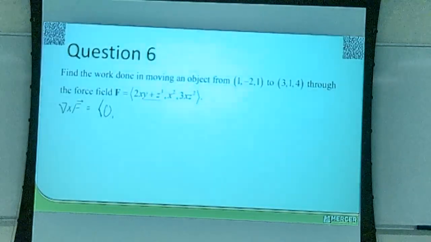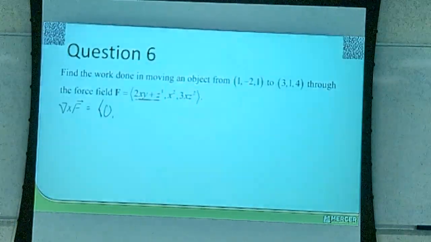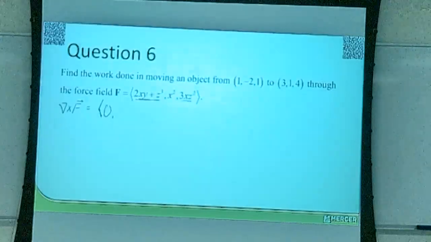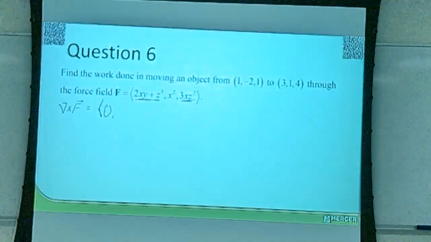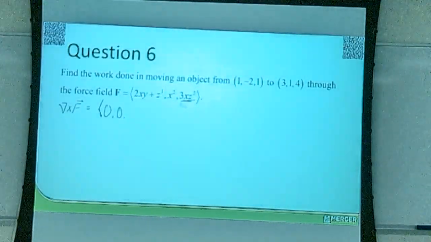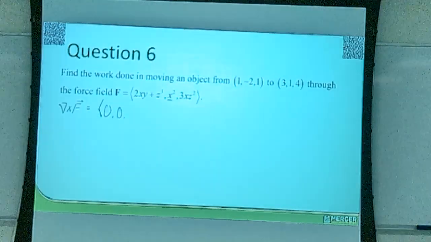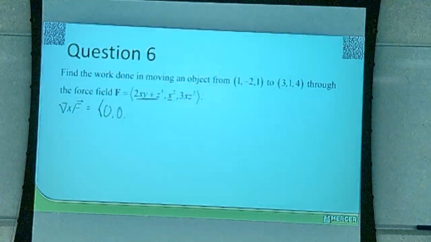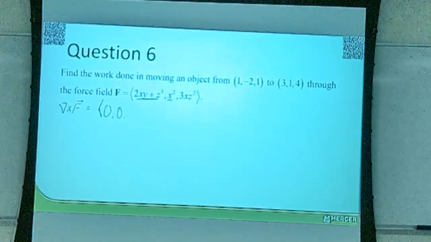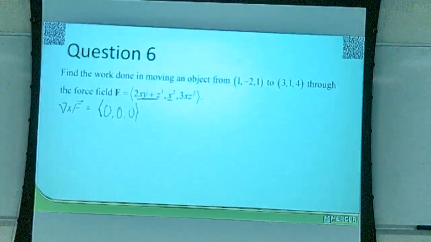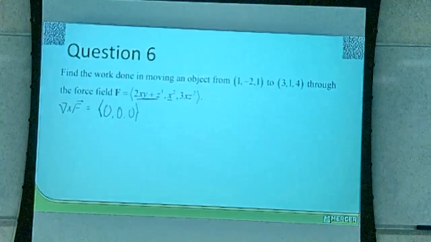Partial z minus partial x. That's also 0, right? 3z squared minus 3z squared. Partial x minus partial y. Oh, isn't that 2x minus 2x? The curl is 0.